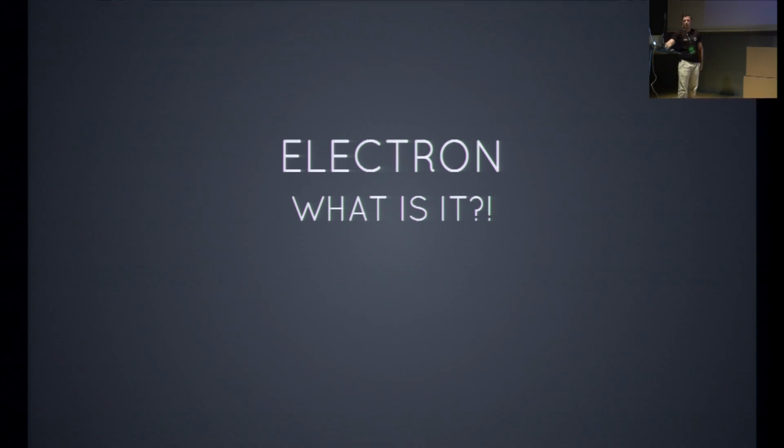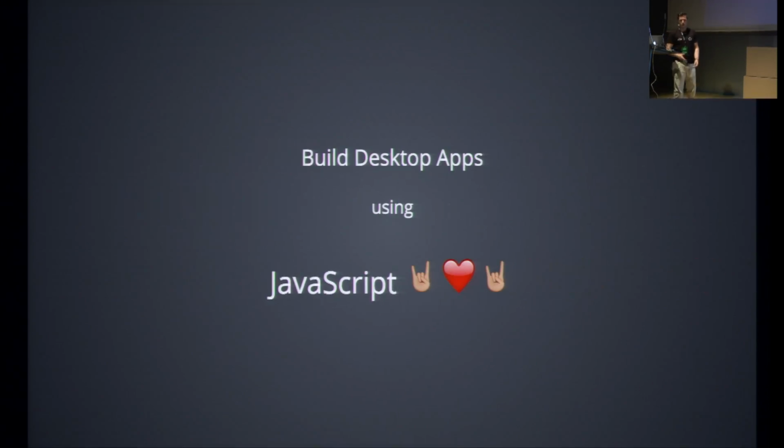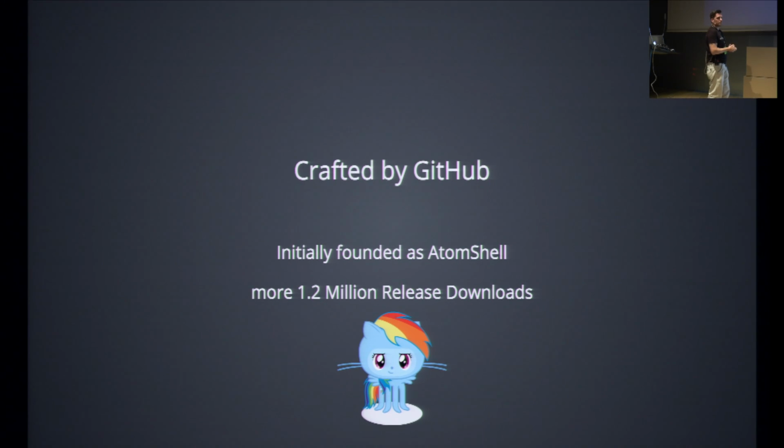OK, so what is Electron? Well, first, it's just a small tool that allows us to build desktop apps using JavaScript. So very cool. It was created by GitHub under the first name Atom Shell.